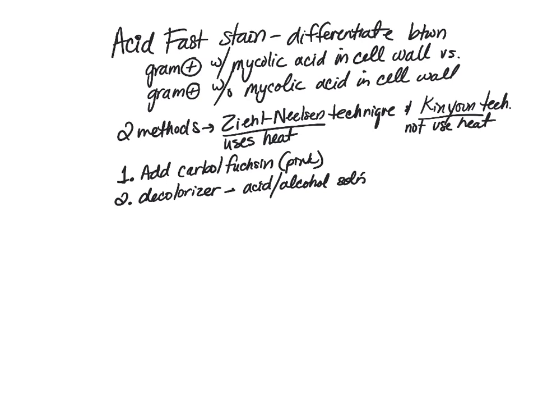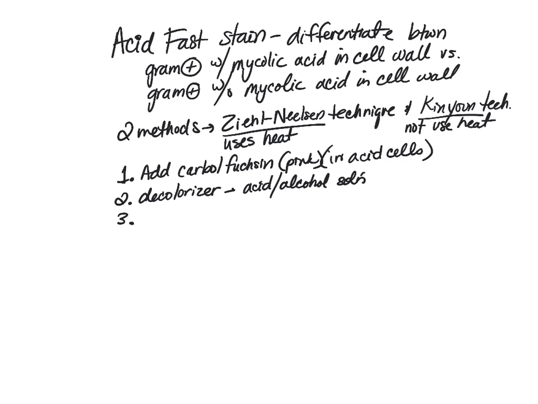So if we have a mixture of cells and we want to determine if there are some acid fast and some not acid fast, we'll add the carbolfuchsin, which is pink, and that pink is going to be in the acid fast cells. The acid fast cells are going to maintain that carbolfuchsin. Then we add the decolorizer, and any cell that does not have that waxy mycolic acid surface is going to decolorize, so they'll lose that pink color.